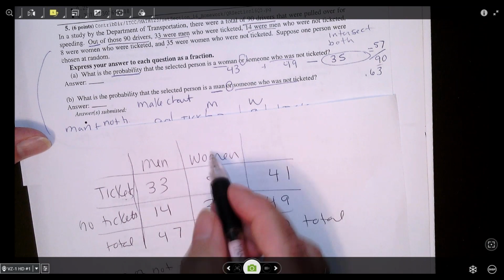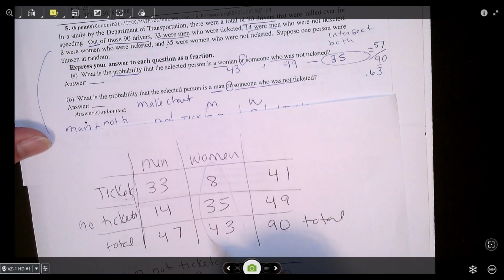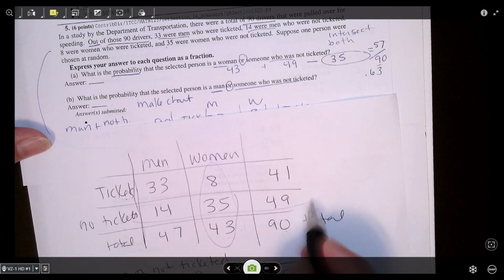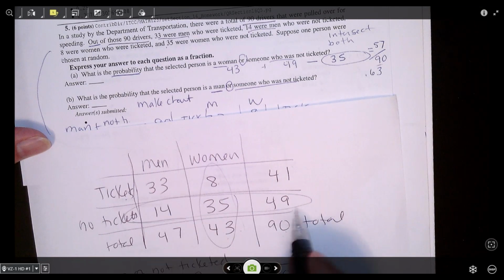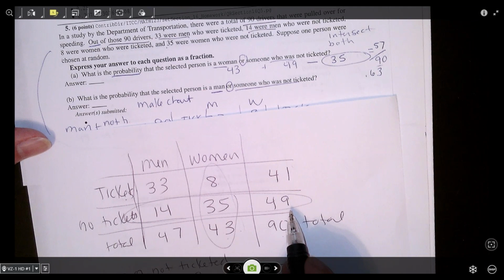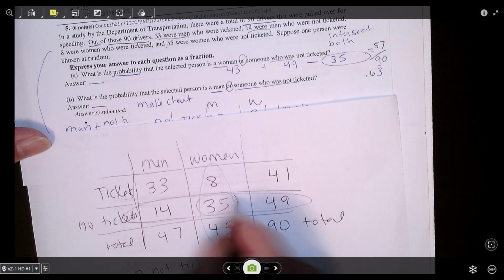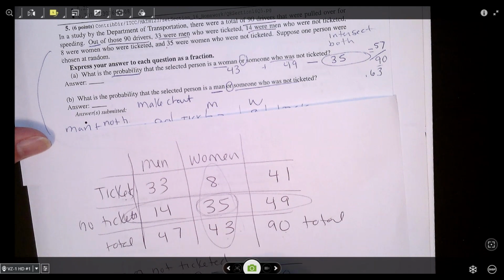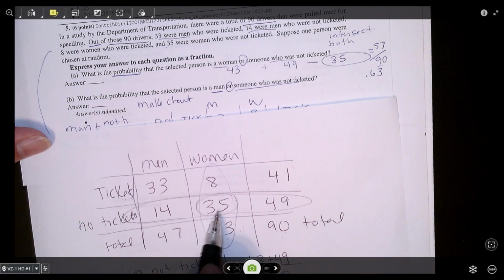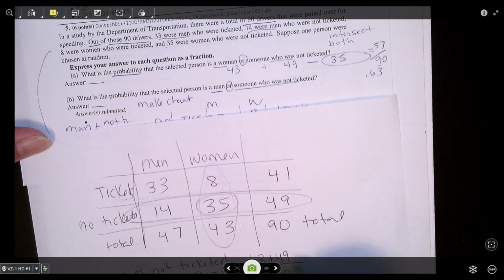But we have a problem. We counted the women. We counted the not ticketed. And I know a couple people did the quiz. This is where they were running into problems. Okay. We counted this intersection twice. We can't count these 35 twice. So you have to subtract out where they intersect. In our numerator, we have 43 plus 49, but we counted these women with no tickets twice.